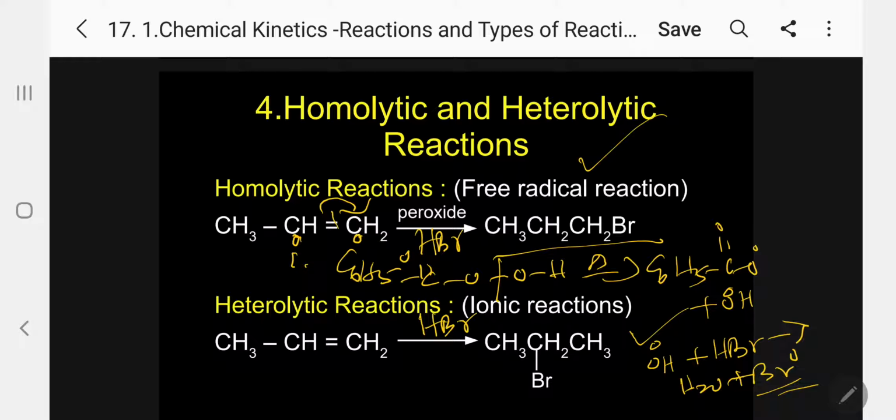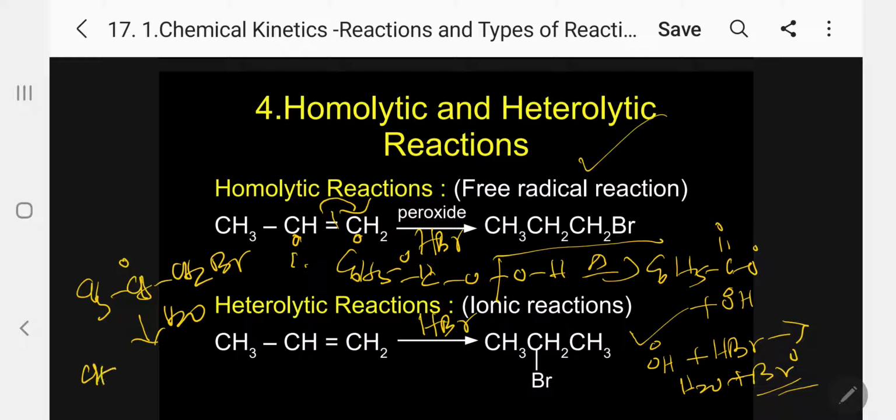The reason is, among the radicals, primary is more reactive than secondary. So primary is CH2. So the Br radical goes and attacks the CH2, forming CH3 CH dot CH2Br. After that, the water formed already as an intermediate is cleaved in the form of H dot and OH dot.